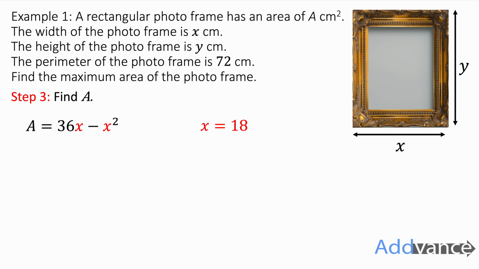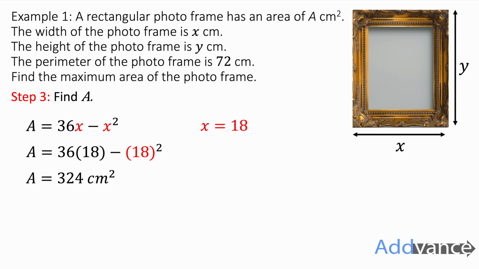Finally, step 3, we're going to find the maximum area, and we can do that by using the area equation we've already found. So we know that area is equal to 36x minus x squared, and we substitute x equals 18 into this equation. We replace all the x's with 18, and we get this, which we type into our calculator.